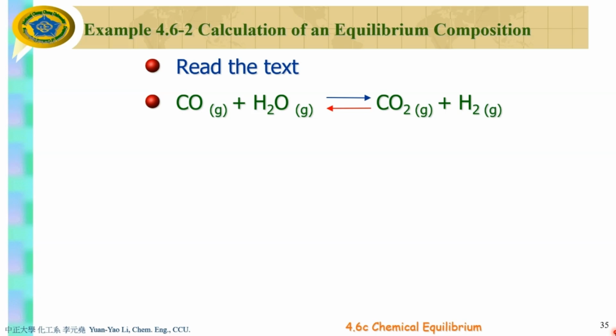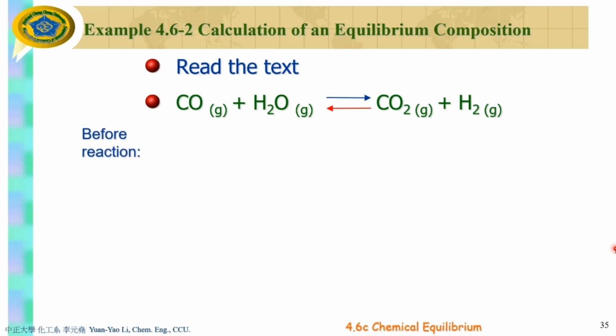So this was at 1105 Kelvin, and K equals 1. Please take a look at this with me on the slide here. We have CO and H2O, and CO2 plus hydrogen.